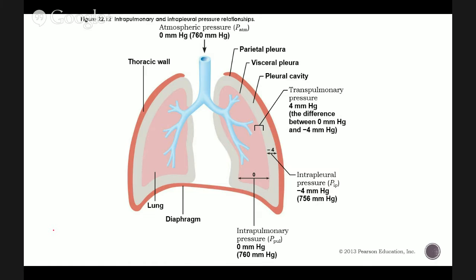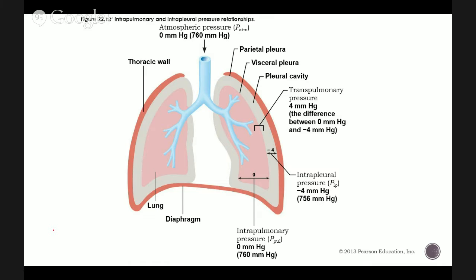We do it without even thinking, but it's because of the way nature has things set up, which is pretty fascinating. So first of all, let's take a look at these pressure relationships. We have a couple of different areas that we are looking at.